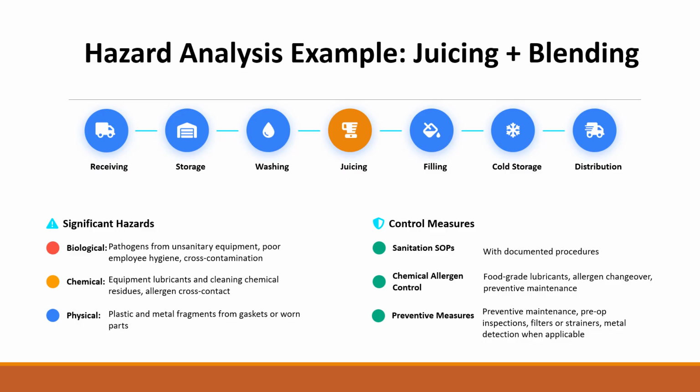These risks are controlled through preventive maintenance, pre-operational inspections, filters or strainers, and in some cases, metal detection, depending on the product and packaging. A key training point to emphasize here is that most hazards in HACCP are controlled through strong prerequisite programs, which is a fundamental reality in food manufacturing.